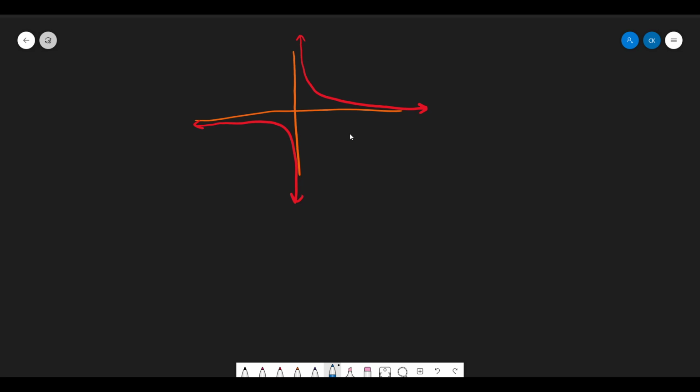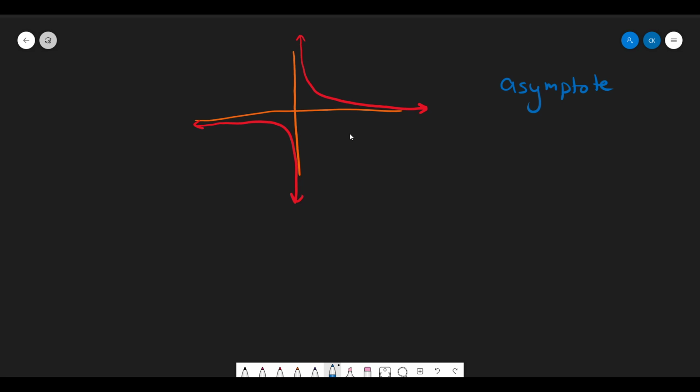But just like with exponential functions, this graph has asymptotes. If you don't remember what an asymptote is, we did talk about this back when we were talking about our exponential functions. But an asymptote is a line that the graph of a function approaches, or gets closer and closer and closer to, but never touches.